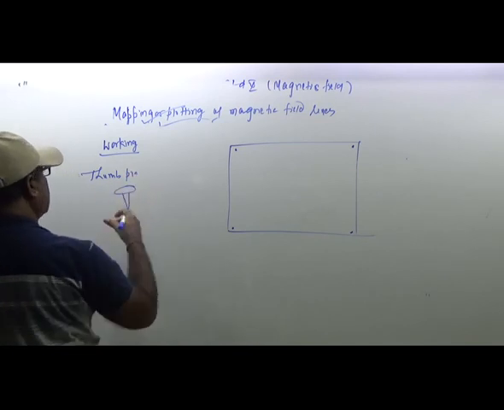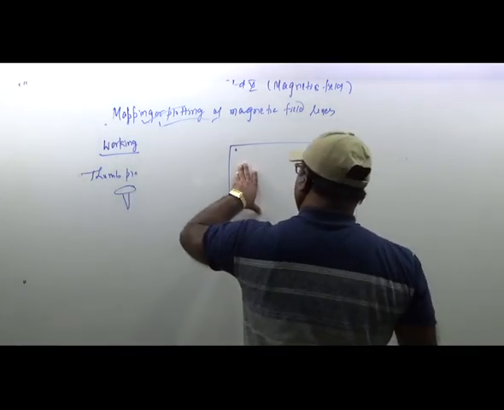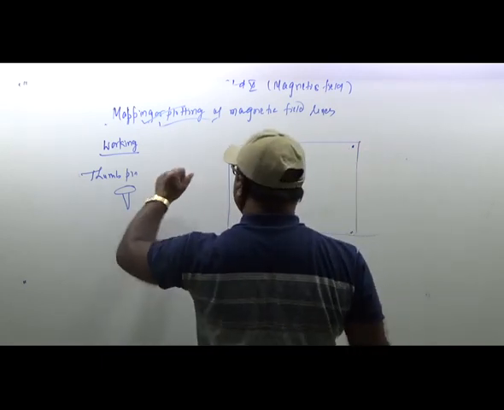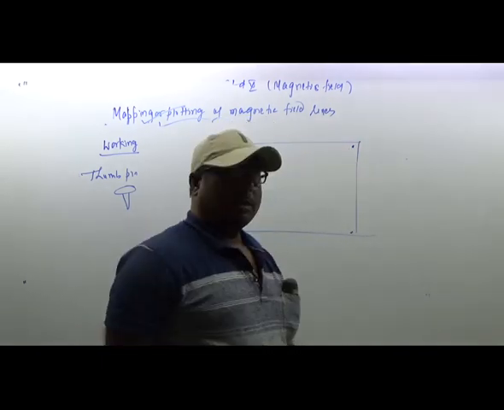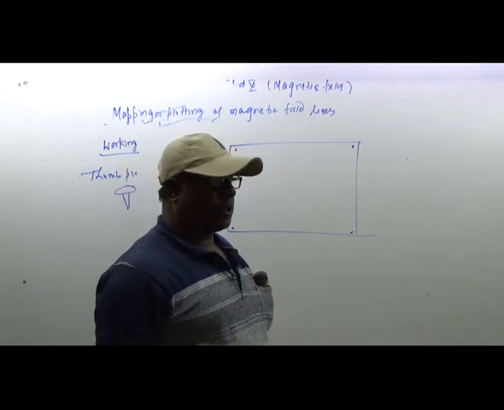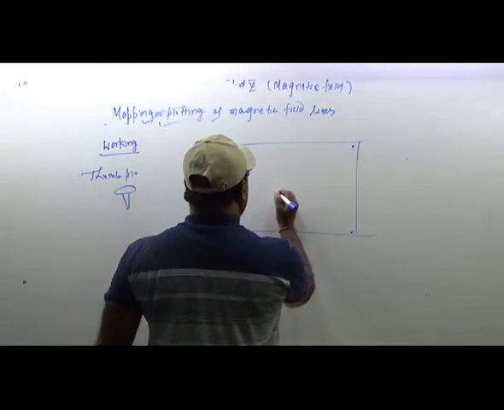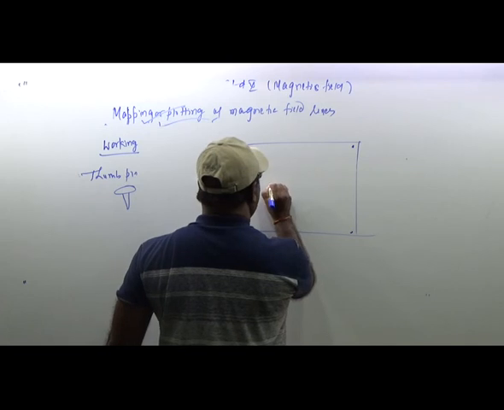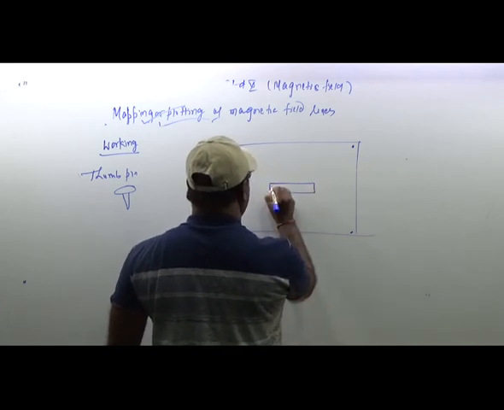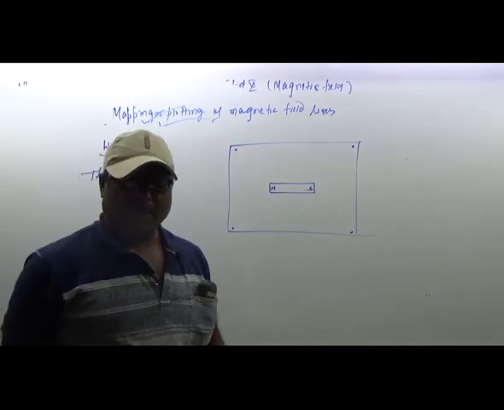So a white sheet paper is fixed with the help of thumbing. Right? Now a bar magnet is placed here. Suppose here it is the north and here it is the south. A bar magnet is placed like this.